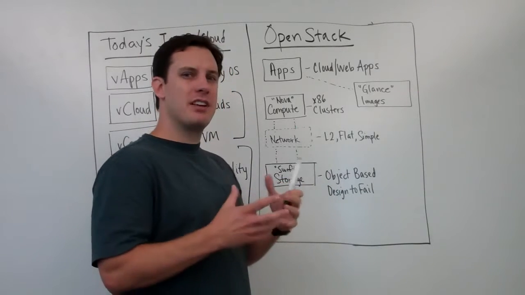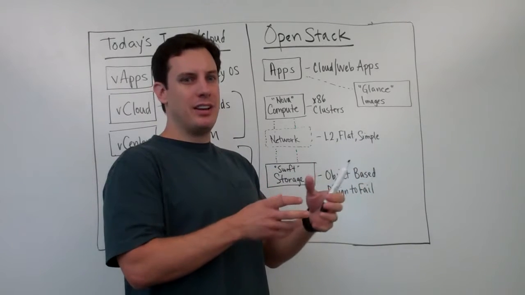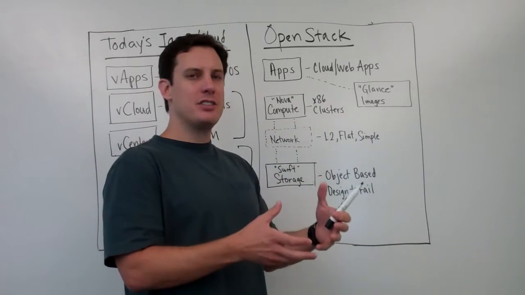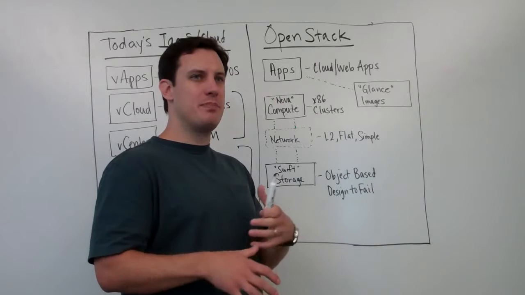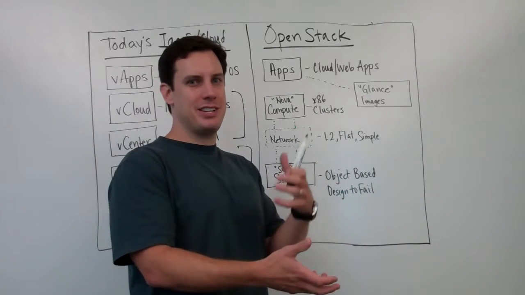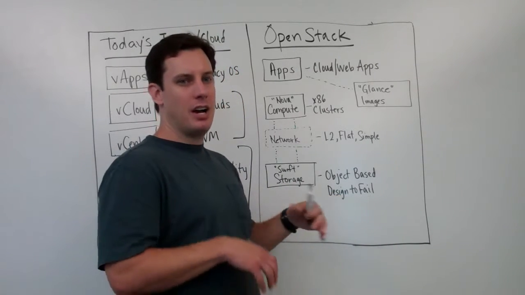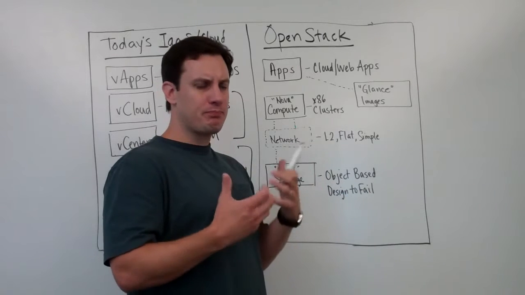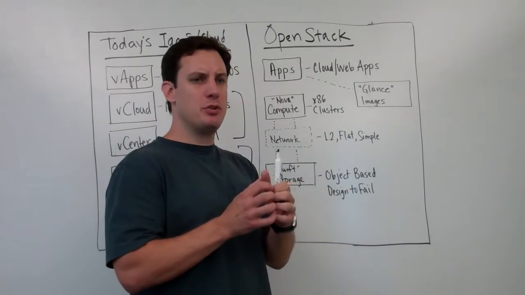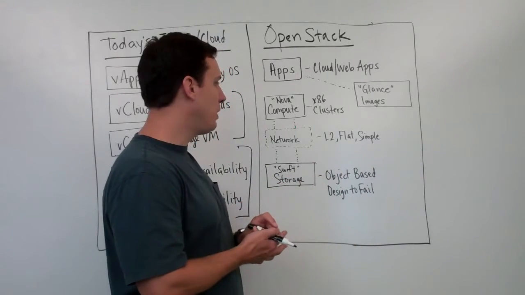The storage piece, instead of being file-based or block-based like we have in today's infrastructure as a service, is going to be object-based. So instead of being based on file systems or block-based systems, iSCSI, FC, things like that, it's HTTP-based, puts and gets, a different type of ability to do very scale-out object-based storage.